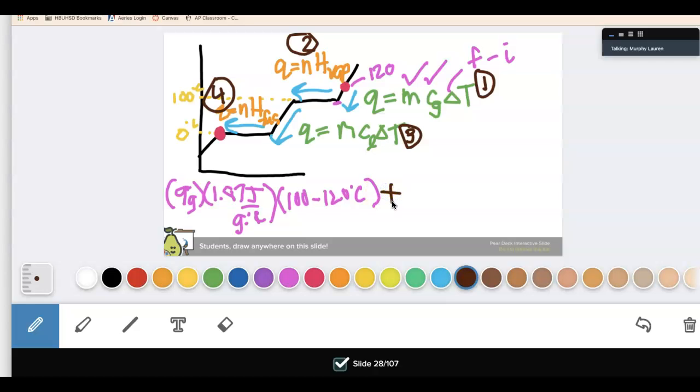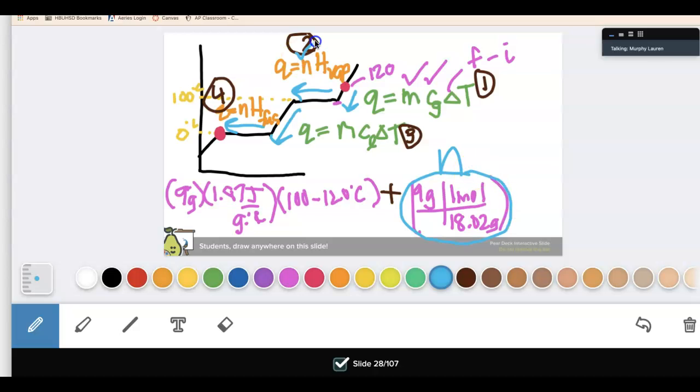All right, my second equation is nH vaporization. Well, n means moles, and I don't have moles. I have grams. So 9 grams and 18, it's water. So, right, 2 hydrogens and an oxygen. So this is n. This whole term is moles. All right, next. H of vaporization. So that's a constant.